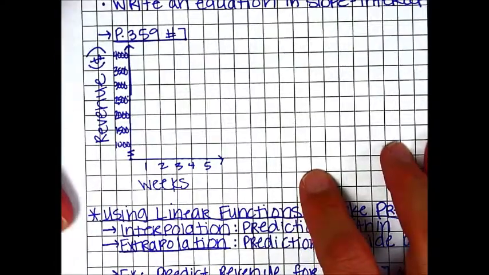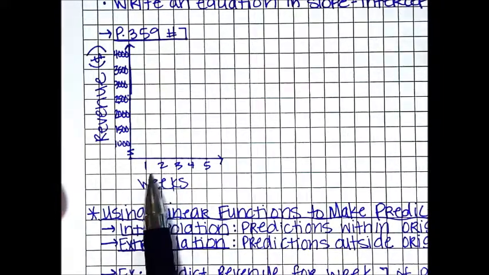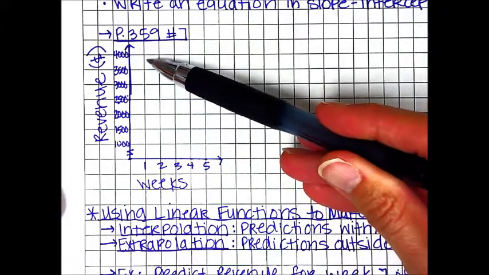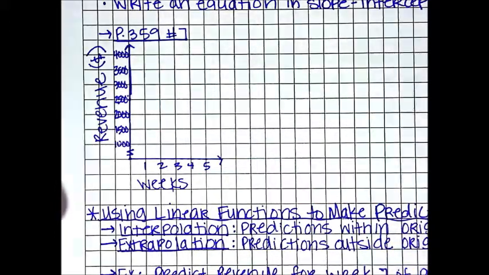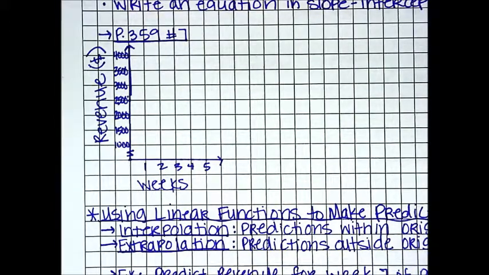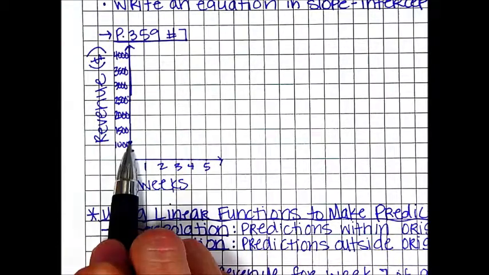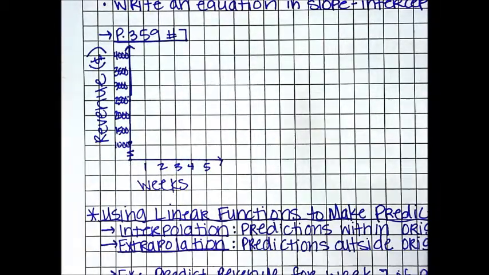If you look at the grid I already labeled out here, here's my weeks 1 through 5. And then starting at 1,000, counting by 500s. We're going to go through and plot each point very reasonably on the grid for the scatter plot we made here. So first point 0, 1,050 should be down here very close to 1,000, just not right on the line.